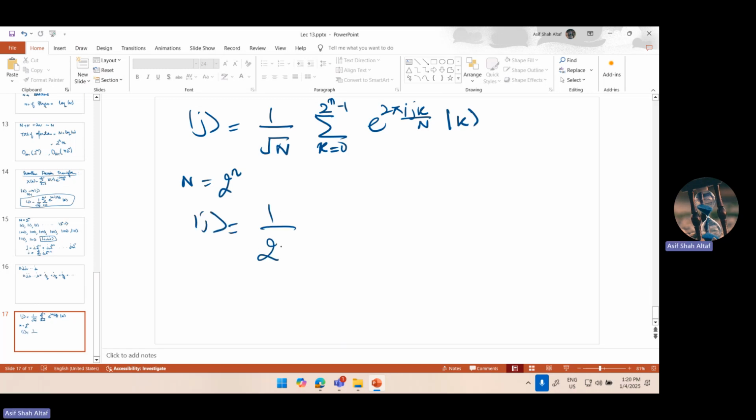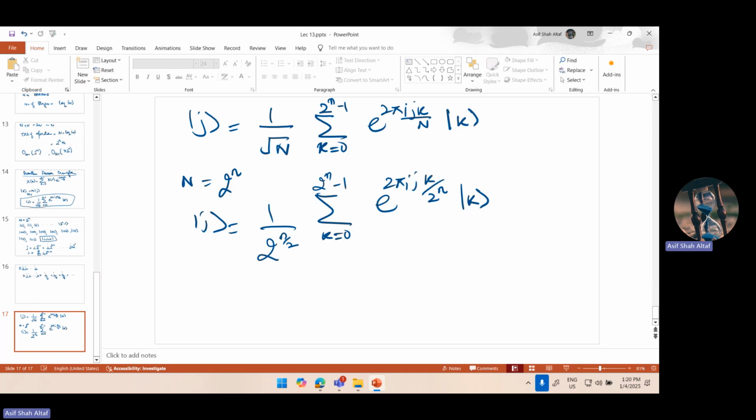Then we have e to the power 2 pi i j k over 2 to the power n, and for k, let's write it as a binary.